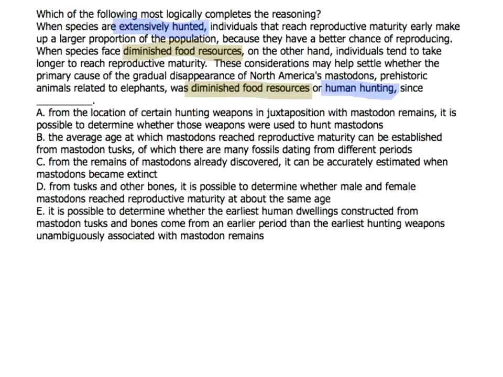So that's an easy connection to recognize. The deal is that extensive hunting goes with a larger percent of reproductively mature, or basically fast-growing individuals, is what that means in simpler terms.